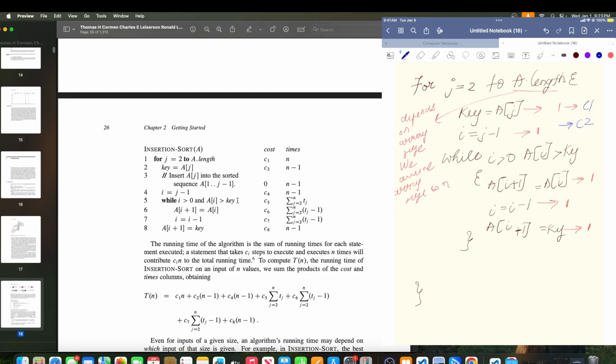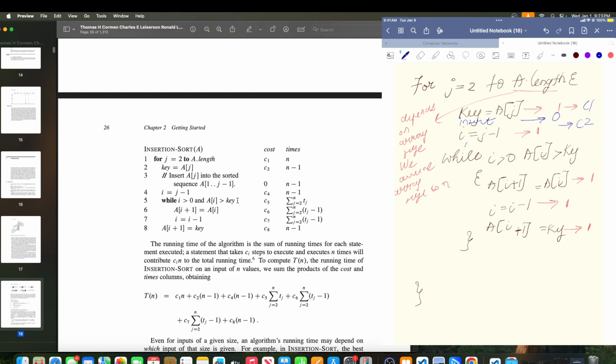Everything will have certain time, right? There is one instruction here as well, set aij, that is going to take 0 time. And there is one instruction above here called insert. This takes 0 time.